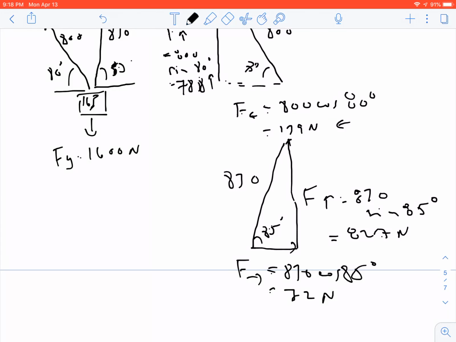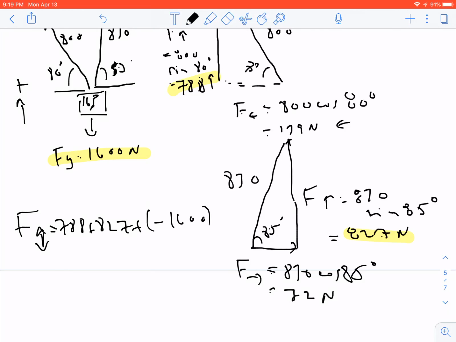If I look at the up and down forces, I have 788 up here, 827 up here, and 1600 down here. So I'm going to add, let's say plus is up. So I'm going to have 788 plus 827 plus negative 1600, and I end up with a net force up of 15 newtons.